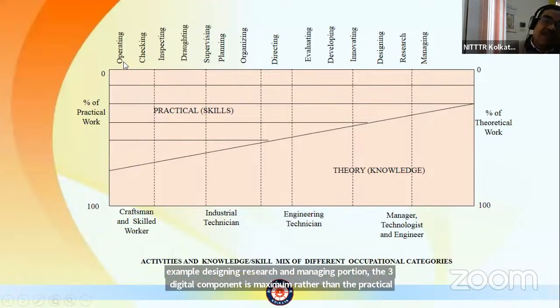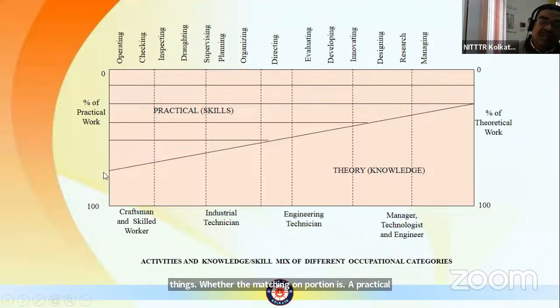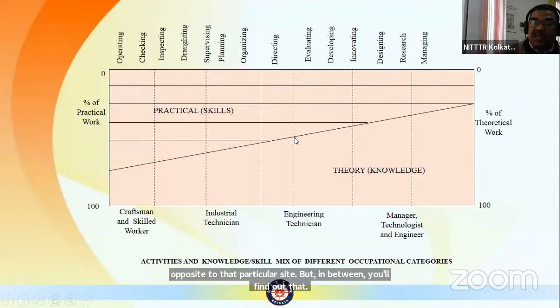Whereas in operating or checking, the maximum portion is practical and the theoretical portion is very less, just the opposite. But in between, you'll find more or less 50-50 in the engineering technician.